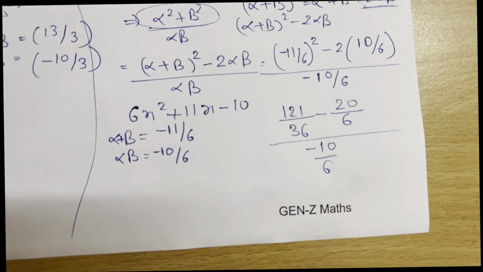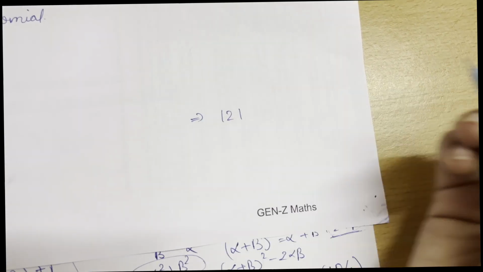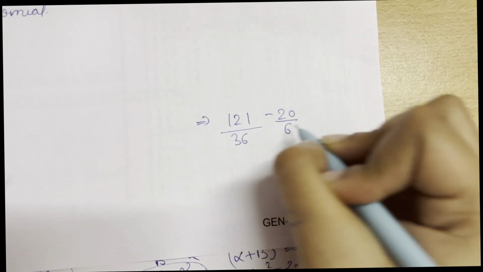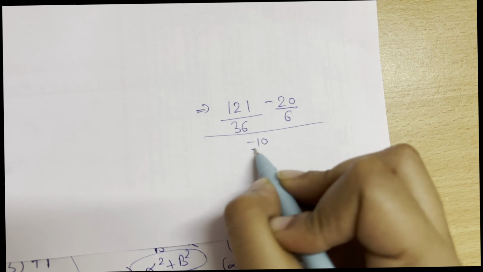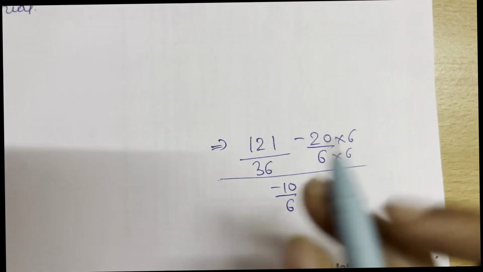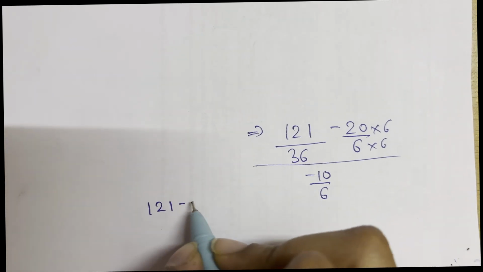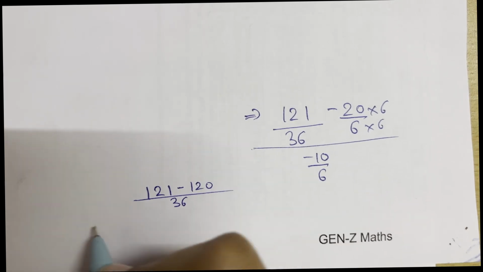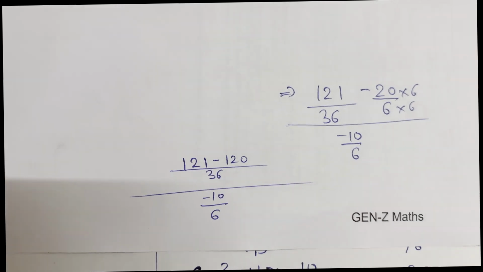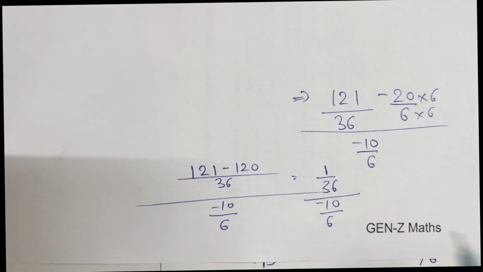On solving this, I'm solving this expression on another sheet, and we get 121 upon 36 minus 20 by 6 upon minus 10 by 6. On taking the LCM, we multiply 6 both sides, and we get 121 by 36 minus 120 upon 36, upon minus 10 by 6. 121 minus 120 upon 36 is 1 by 36 upon minus 10 by 6.